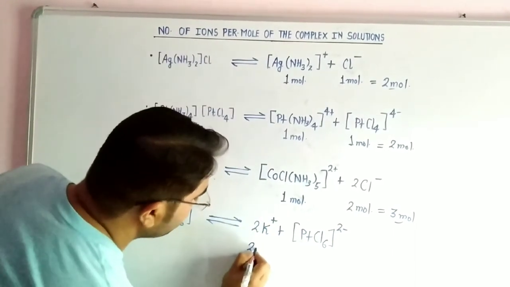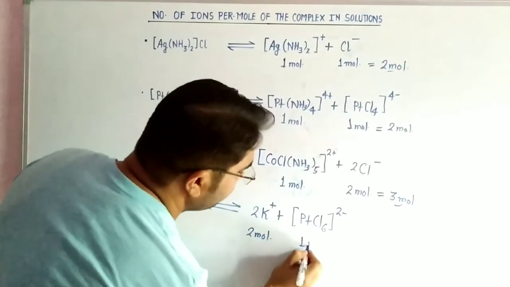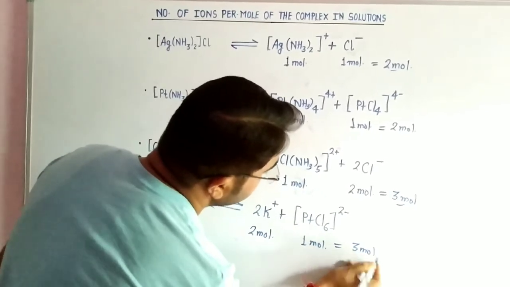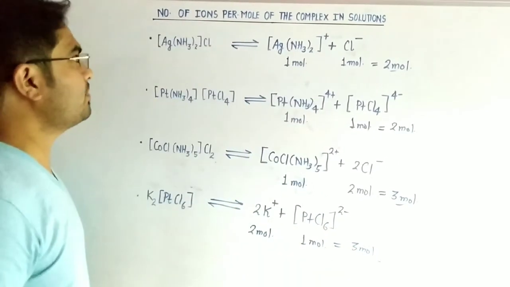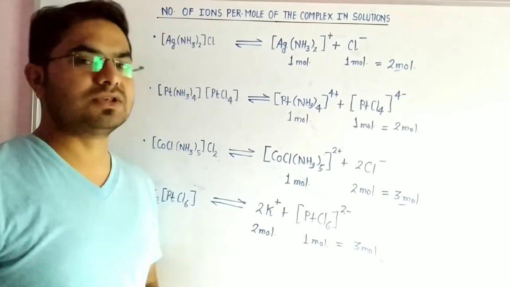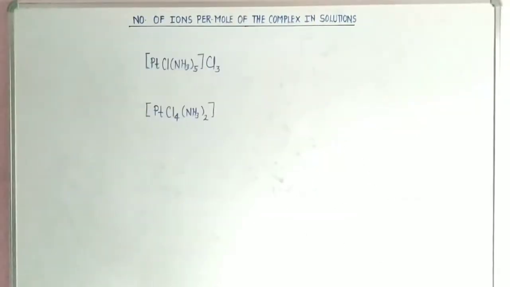The number of moles is 2 moles for the cationic part and 1 mole for the anionic part. As a whole that is equal to 3 moles. So in this way we can easily predict the number of ions per mole of the complex present in the solution. It all depends upon the mode of ionization.